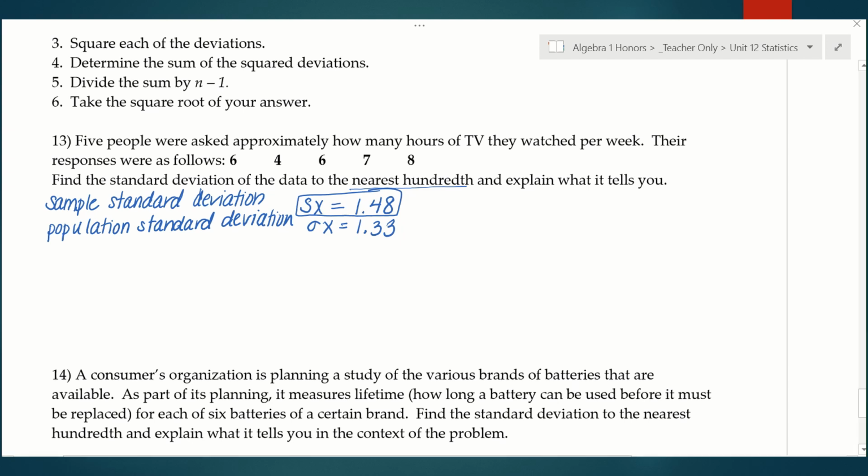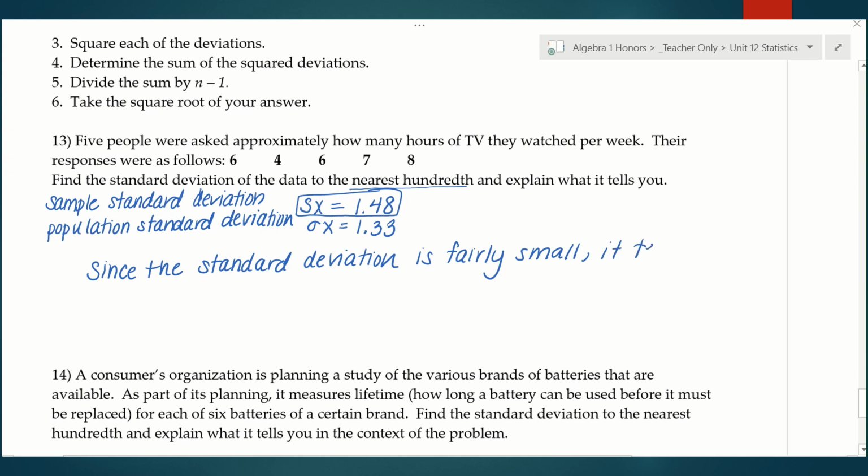Okay, so let's write this up. Since the standard deviation is fairly small, I mean, I would say 1.48 is small, it tells us the numbers are close to the average.